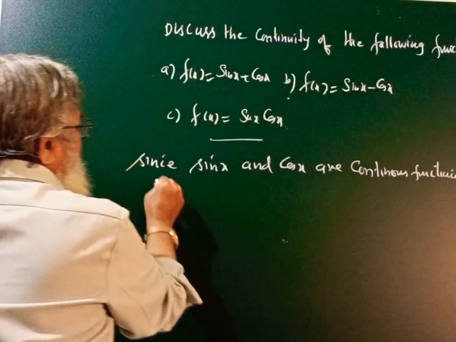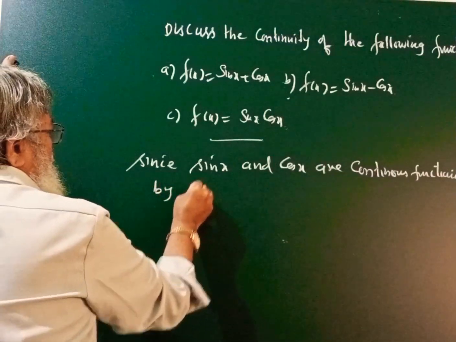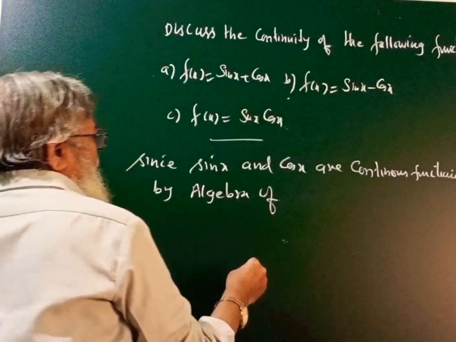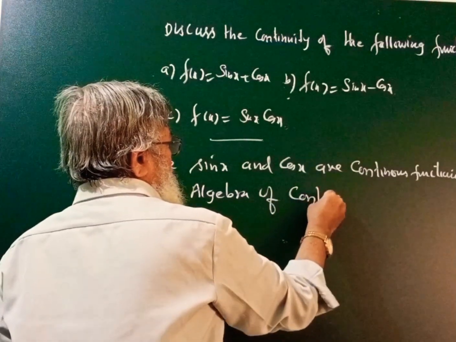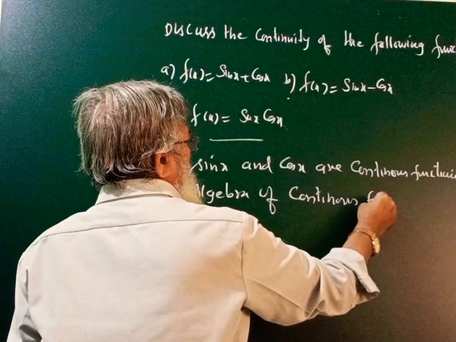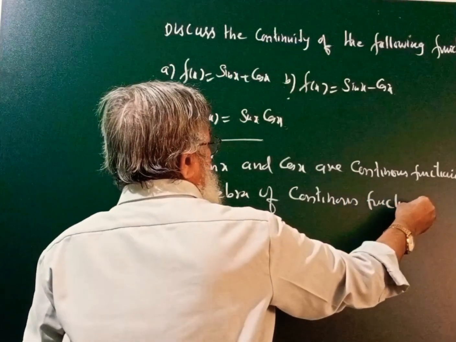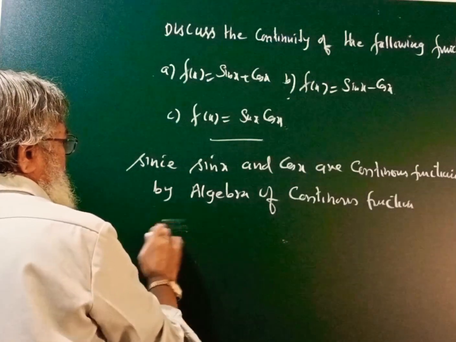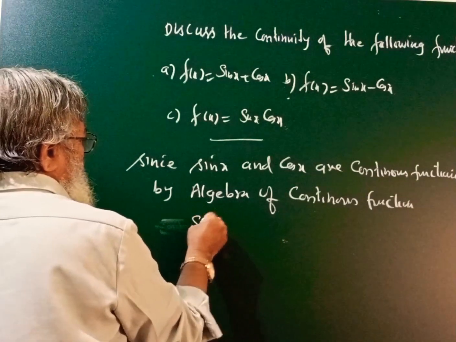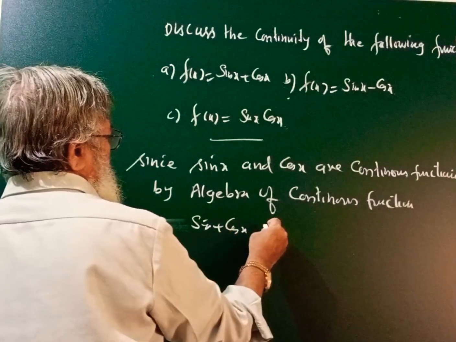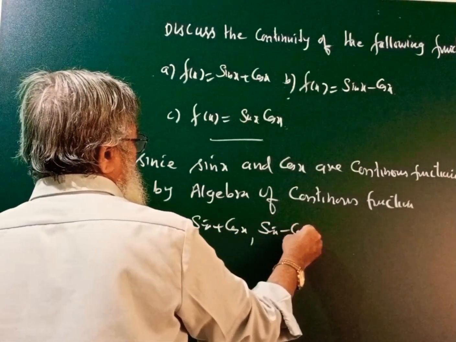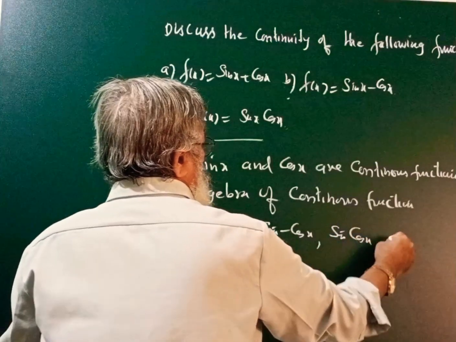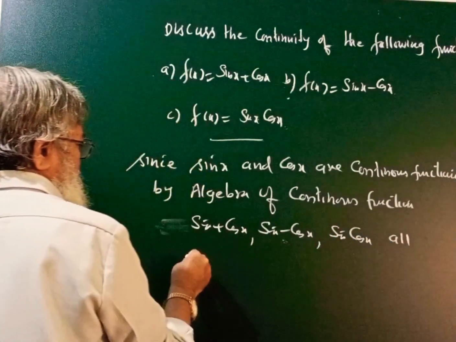Therefore, by algebra of continuous functions, we can say that A, sin x plus cos x, sin x minus cos x, and their product sin x into cos x are all continuous functions.